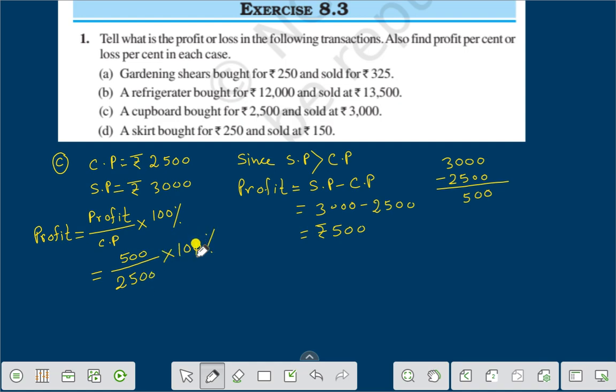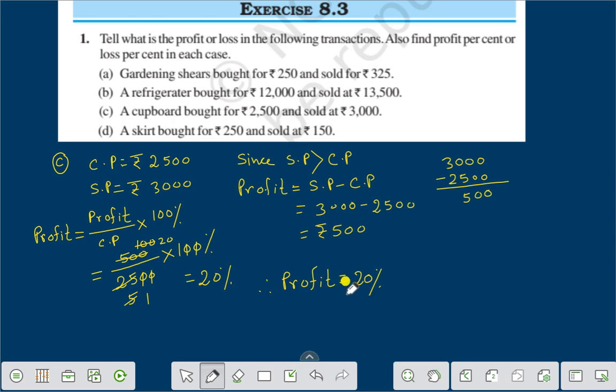Right? Now this 0 and this 0, this 0 and this 0. Now you cut it by 5, that is 5 5 is 25, 5 1 is 5, 5 2 is 10, that comes to 20%. Therefore, we can write profit is equal to 20%.